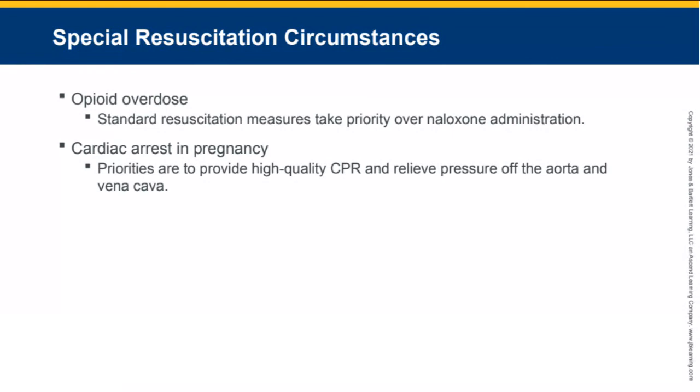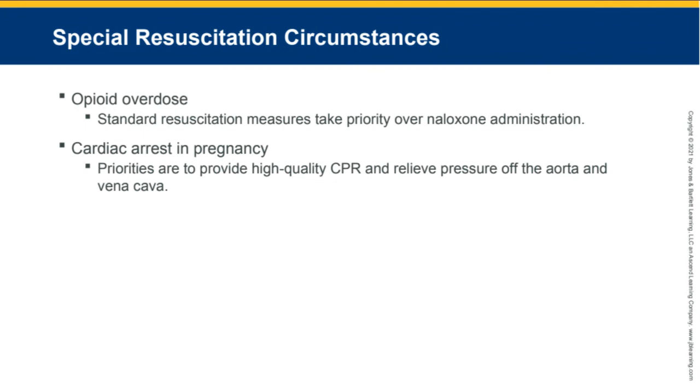So it makes the patient sleepy. It decreases brain function. When patients overdose on opioids, it can decrease the brain function so significantly that it starts to affect their ability to breathe, and they can go into respiratory arrest and cardiac arrest.